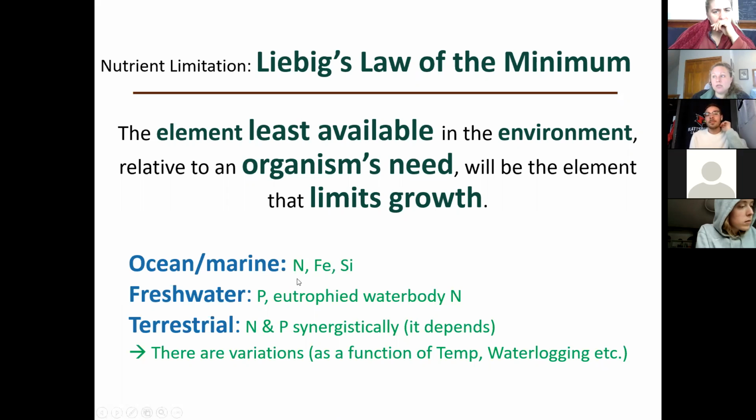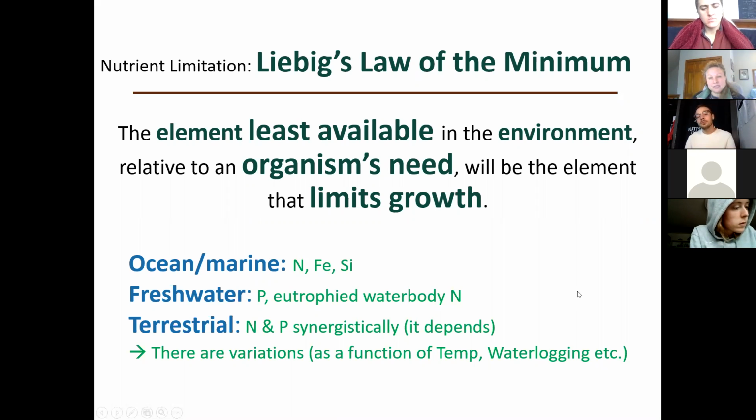So we mentioned in the ocean, we need nitrogen, we need silica for the shells of diatoms and stuff, and we need iron, right? The iron filings, we talked about that with geoengineering. If we've got all those nutrients, we can crank out our photosynthesis and production. In freshwater systems, organisms tend to be phosphorus limited unless there's too much of it and we're eutrophied, and then nitrogen will often become limited, right?